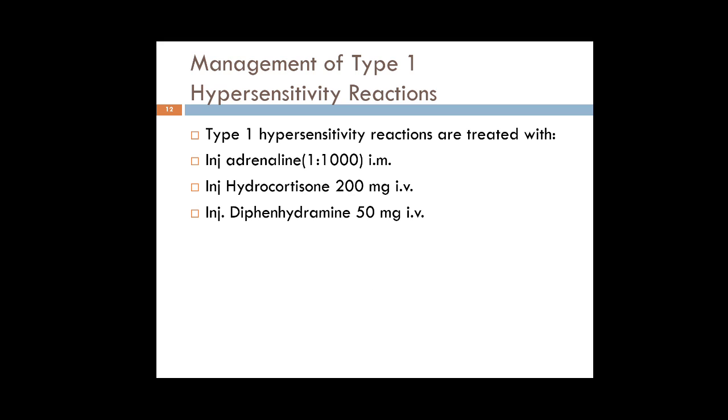So it is mainly given by intramuscular route. If it is given by IV route, it can be dangerous for the heart. Next drug, injection hydrocortisone, which is a glucocorticoid. Okay, so this will alter the immunological reaction which is happening. And the third drug, diphenhydramine, it is an antihistaminic drug which will directly antagonize the histamine.